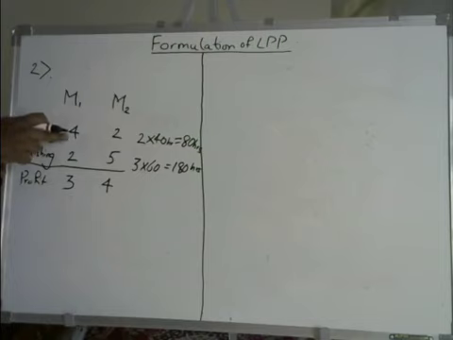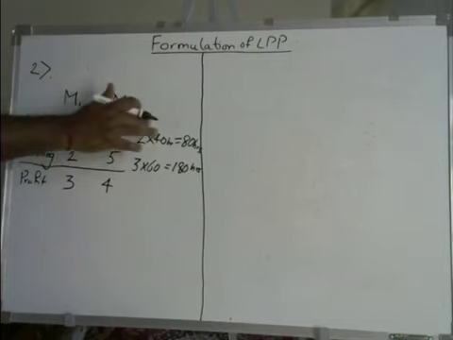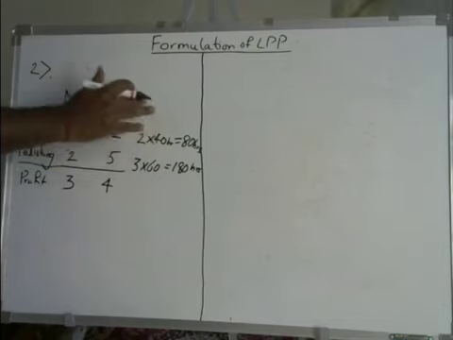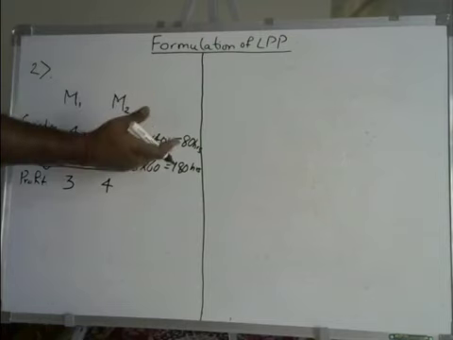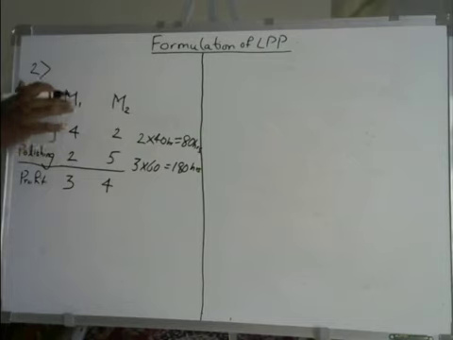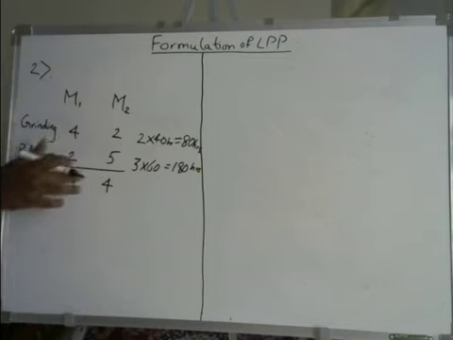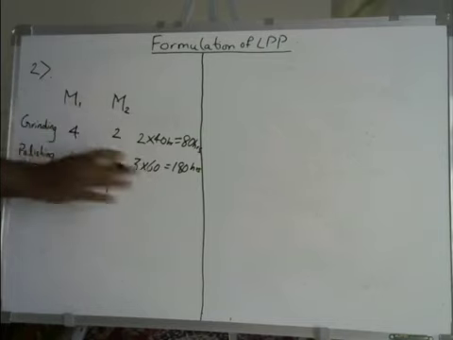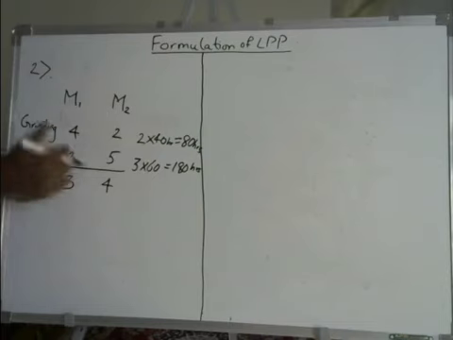In the previous problem, each of the products was going into the machines in minutes. The machines were available in hours. So we converted the hours into minutes. Now here these figures are in hours and these are also in hours. So we don't need to convert because both are in hours.